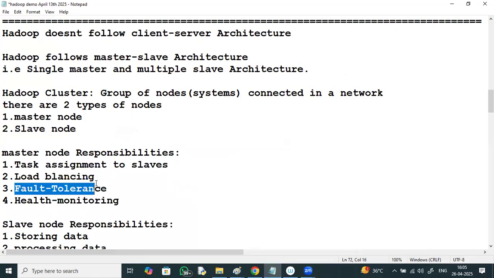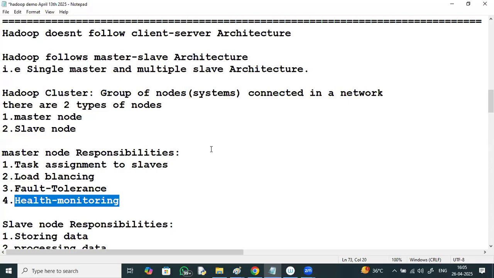Fault tolerance means if multiple slaves are running in parallel, executing multiple tasks, and suddenly any one slave goes down, then its task will be assigned to one of the other slaves. That process we call fault tolerance. Later I will discuss fault tolerance briefly. Health monitoring: the master node maintains the health status of each and every slave node.